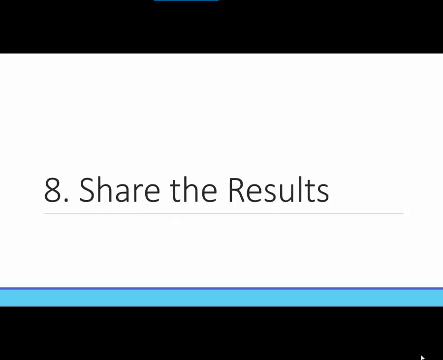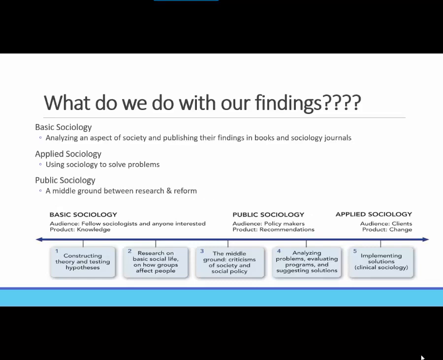And the final step of the research model is you share your results. And what sociologists do with their findings kind of differs based on whether or not they are engaging in basic sociology, applied sociology, and public sociology.